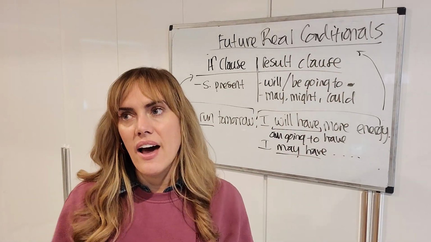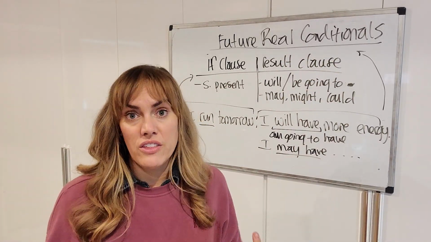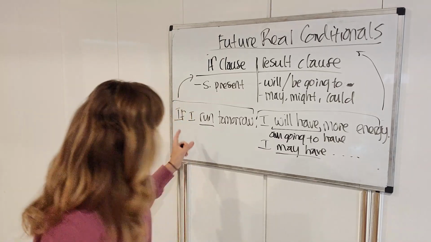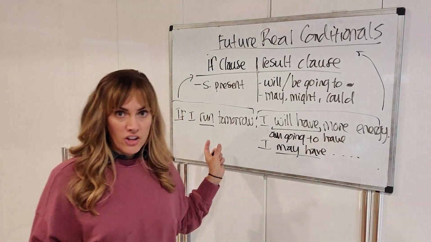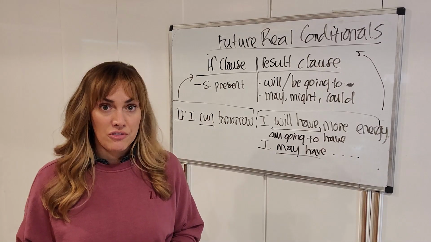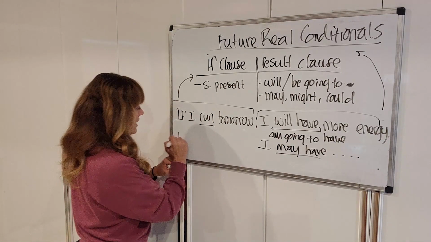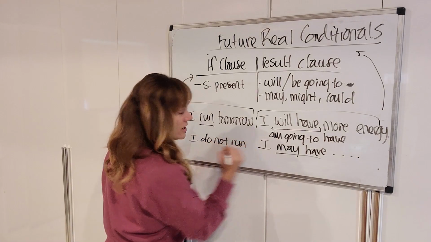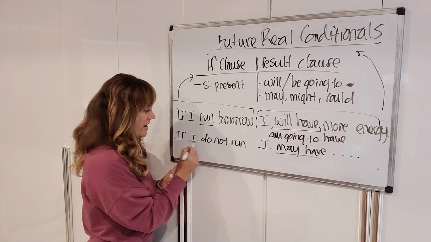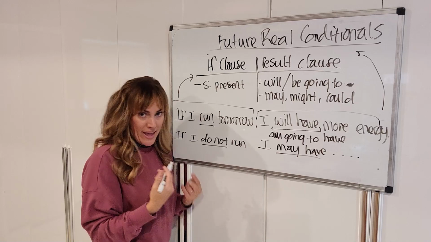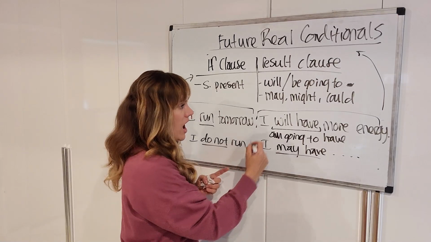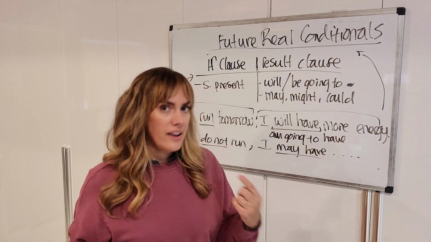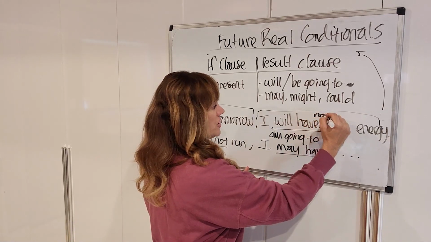Now, something that I think could help also with knowing how to do this is to know that in the if clause, you could also have a negative verb. You can say, if I do not run tomorrow, right? If I do not run, you can make it negative. You can say, I will not have more energy.